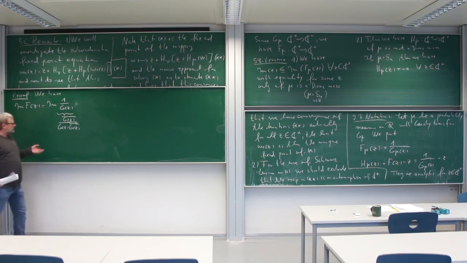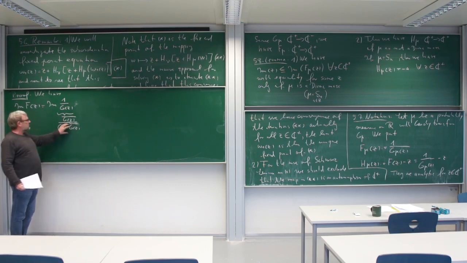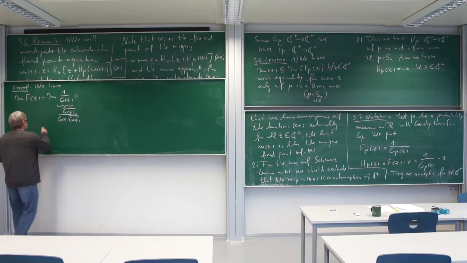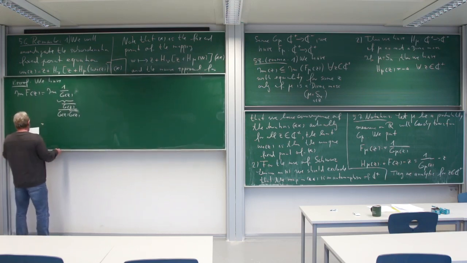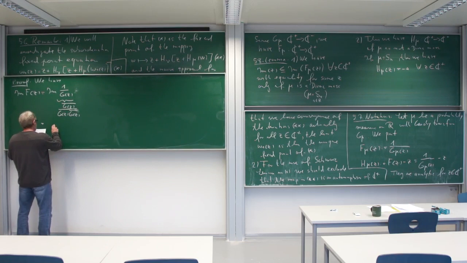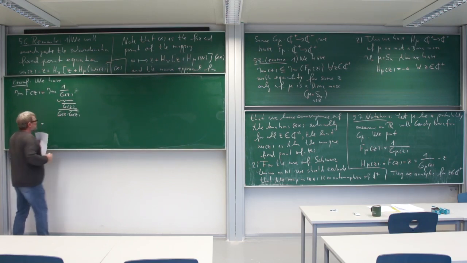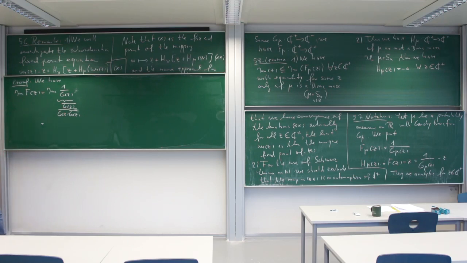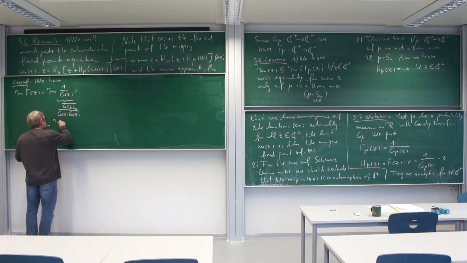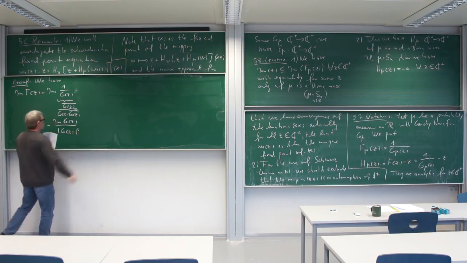So I'm writing it in such a form that this is just a real number, and then the imaginary part is just the imaginary part of this here. Okay, so what I have here is the absolute value squared of G, and the imaginary part of G bar is minus the imaginary part of G. So minus the imaginary part of G of z divided by the absolute value of G of z squared.